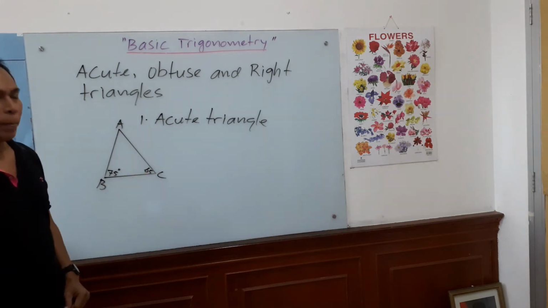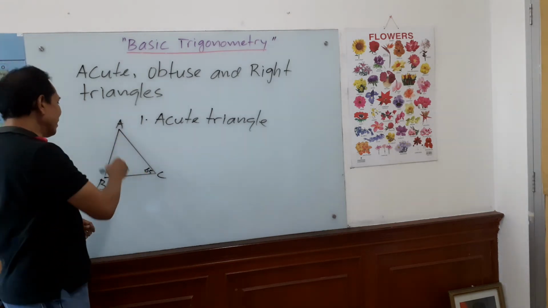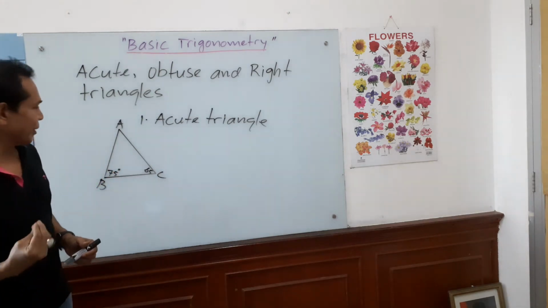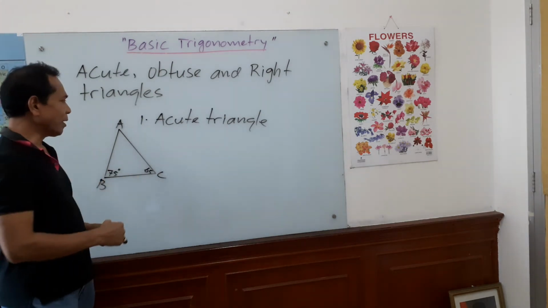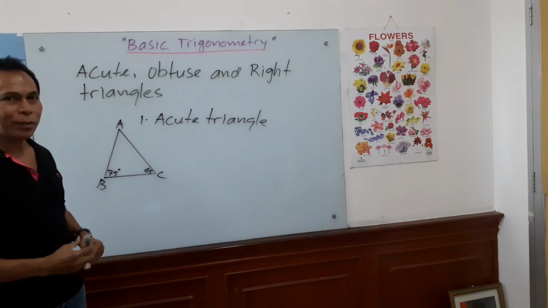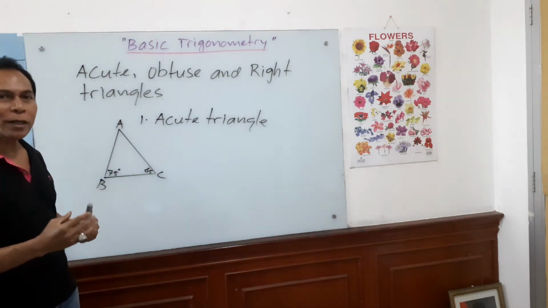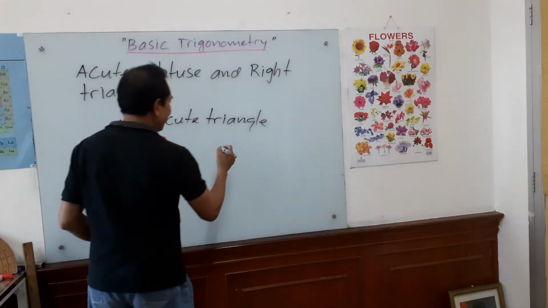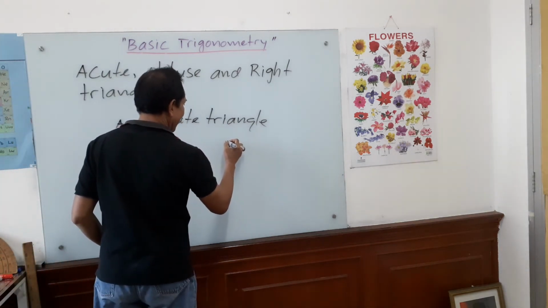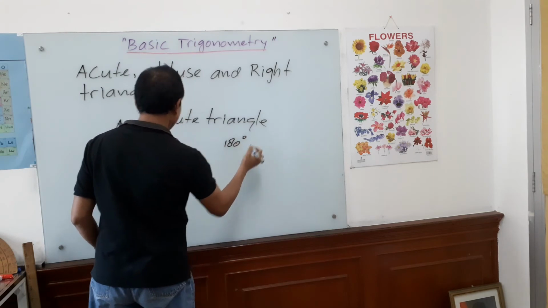65 degrees. Now, we know that in a triangle, okay, children, remember this, in a triangle, all the angles here, if we add them together, they make up 180 degrees.